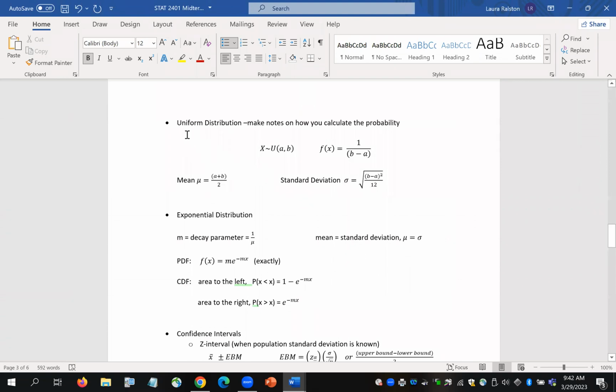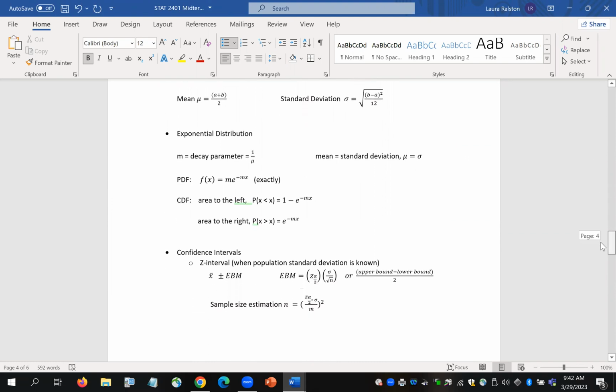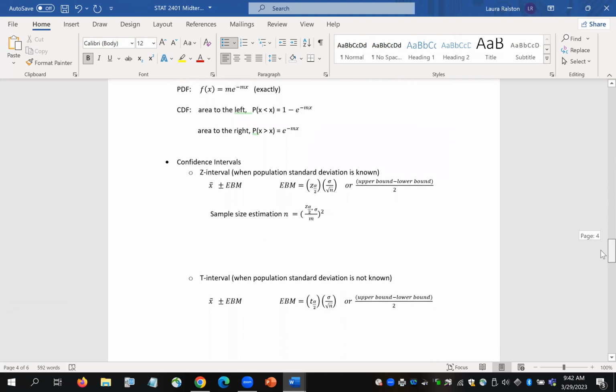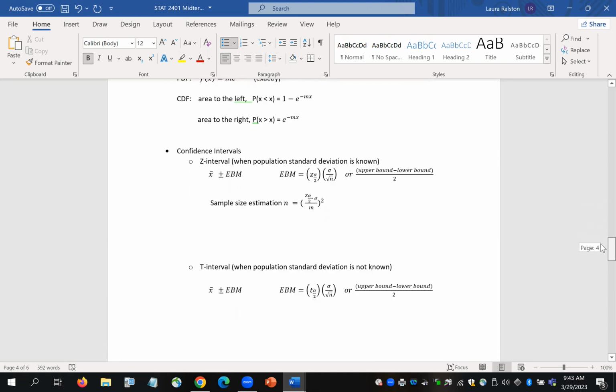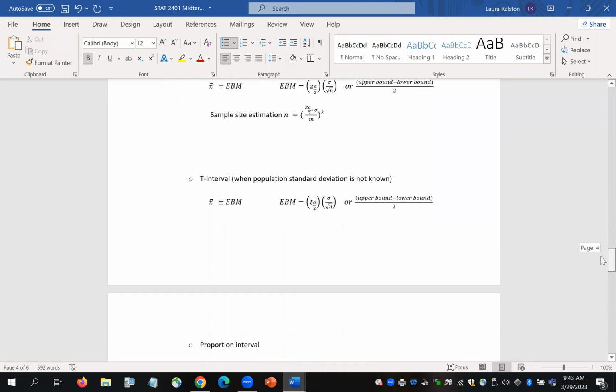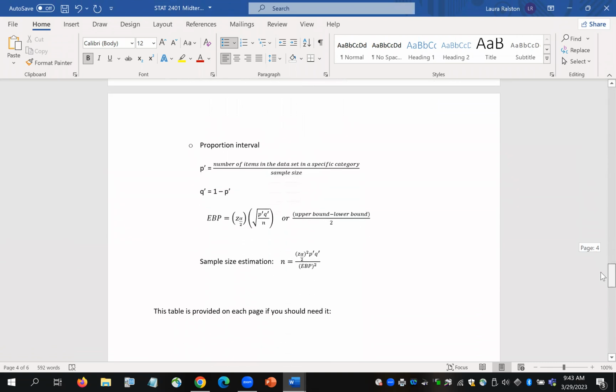I have the formulas for a uniform distribution. I have the formulas for the exponential distribution as well as how you do the calculations. And then I have the formulas for the confidence intervals and the sample size estimation for both Z, T, and proportion.